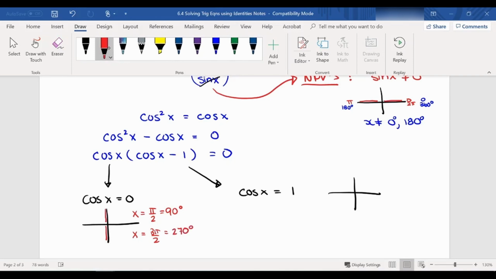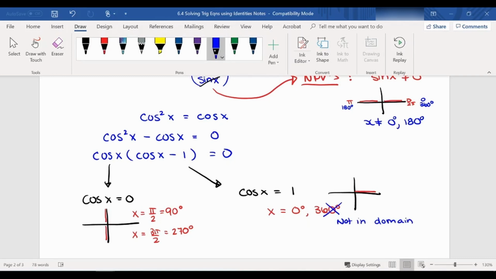Cosine x is equal to 1 on the positive x-axis, which means that x would be equal to 0 degrees or 360 degrees. But again, we're not going to include 360 because of our domain. We just said we weren't including 360 because it's not less than or equal to, it's just less than.